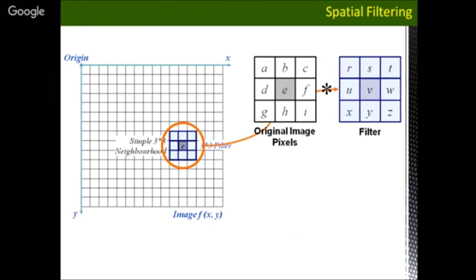That is the result of this process. Now, for example, you take the filter as 1 by 9. Let us assume R, S, T, U, V, W, X, Y, Z are all 1 by 9.